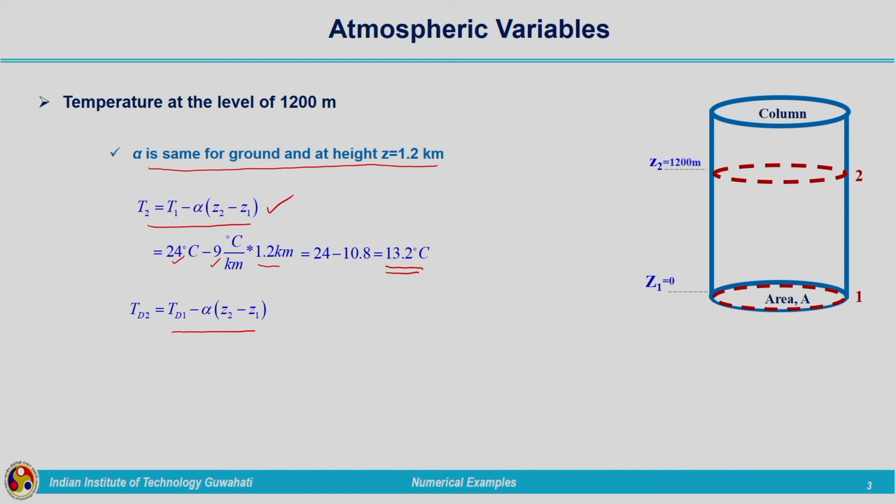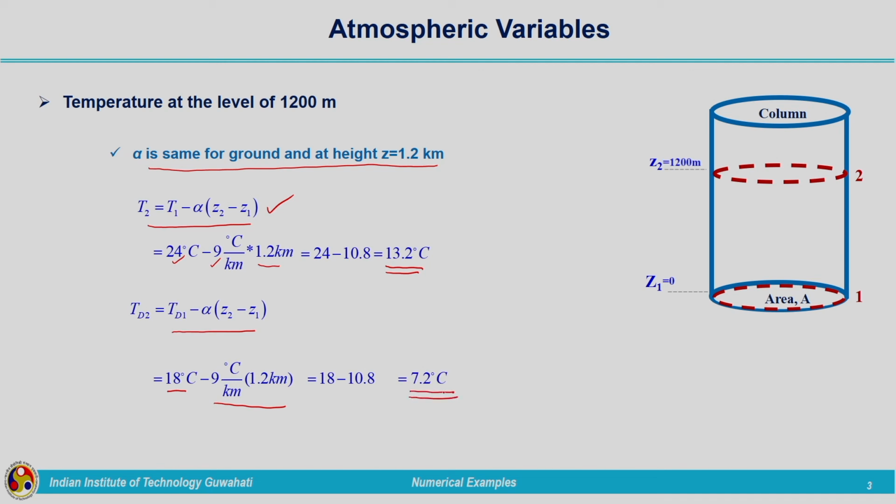TD1 is given to us, alpha and the difference between the elevations, Z2 minus Z1, are known to us. That we will substitute here. TD1 is 18 and substituting the other values in this equation, we get the dew point temperature to be 7.2 degrees Celsius.